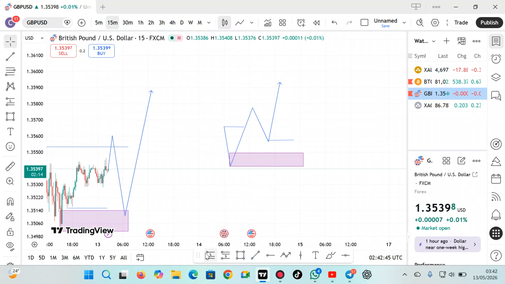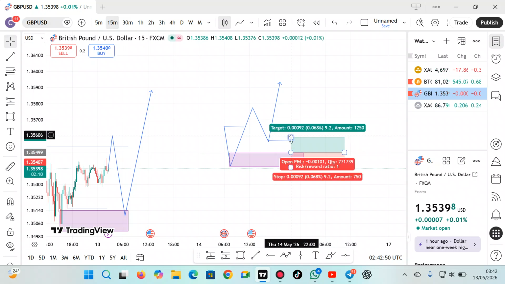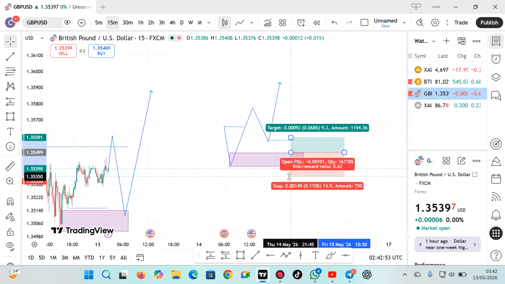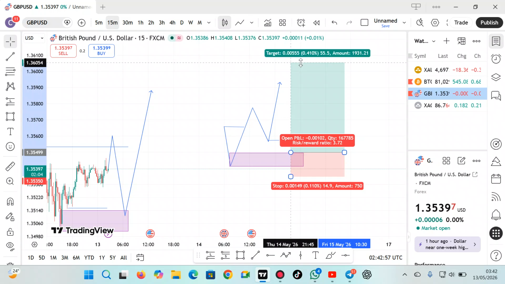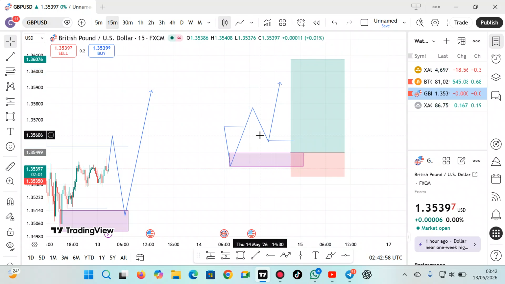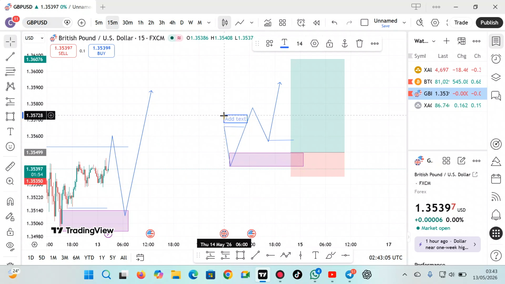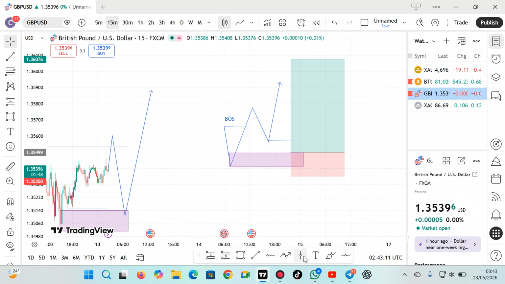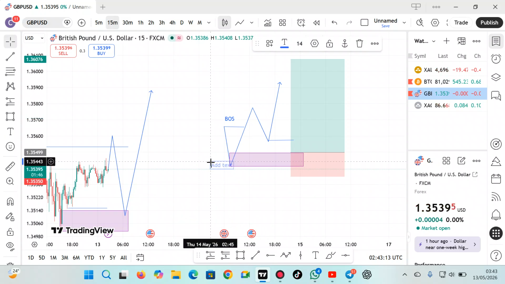So what do you need? You just need to place your long, put your stop loss below your OB, and target the swing high you want to target. This is a protection to this one, and this is the BOS, which we call break of structure. And this one is the OB, order block.